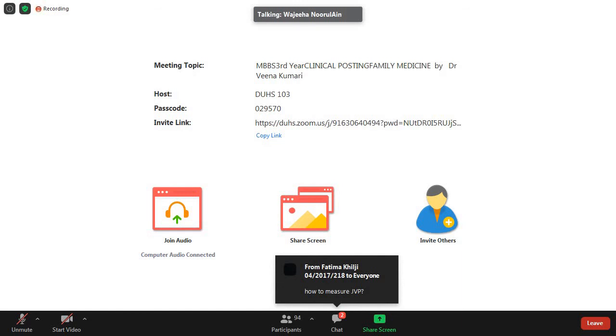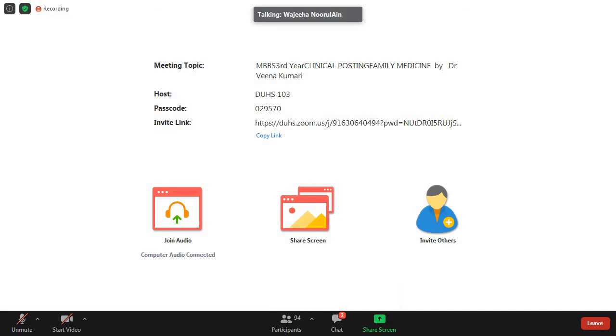There's a question that how do you measure JVP? I didn't actually show here how to measure jugular venous pressure because it's a part of a cardiovascular examination. But I just mentioned here that in some cases, respiratory causes can also lead to increased JVP. So I can tell you here, but it will be a very theoretical way of telling it. For JVP, the patient should be supine at an angle of 45 degrees. And you should actually know where the position of a jugular vein is. So it's the anterior border of the sternocleidomastoid muscle in the neck.